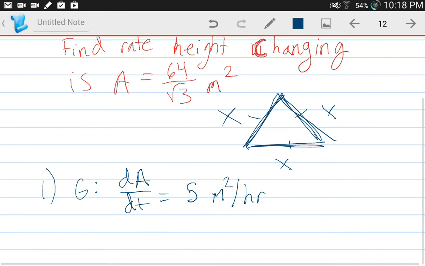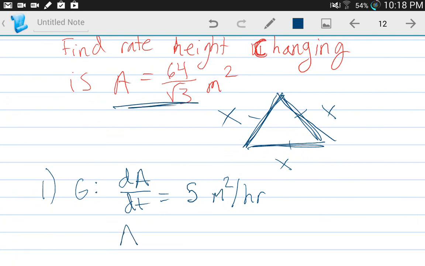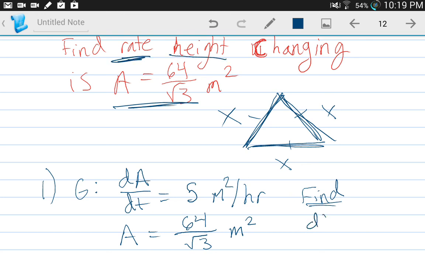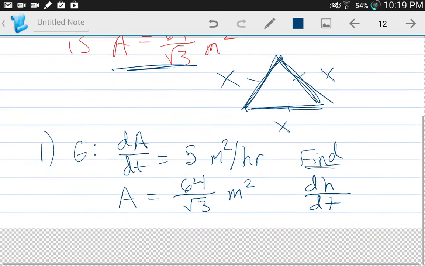And then the second given was the area equals 64 over radical 3 meters squared. And then we're finding the rate at which the height is changing. So dH, because it's the rate of the height, over dt, because it's a rate.